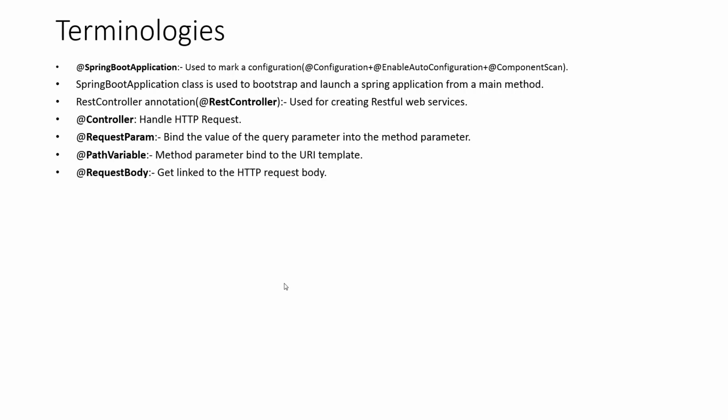During the coding section, I will explain more on the difference between the path variable and the request param, because the request param binds the value of the query parameter into the method parameter, while the path variable binds the URI template to your method parameter.